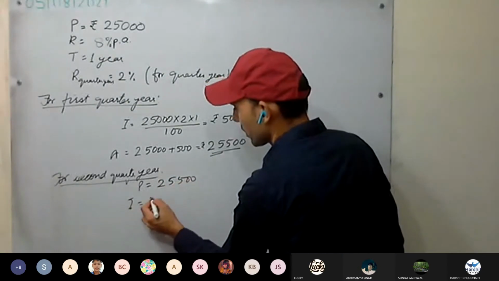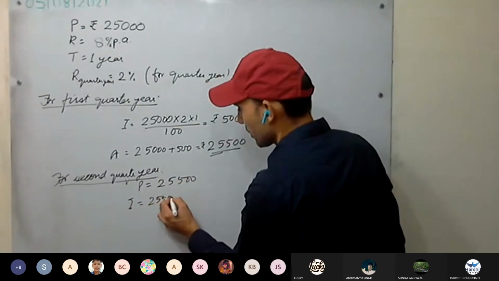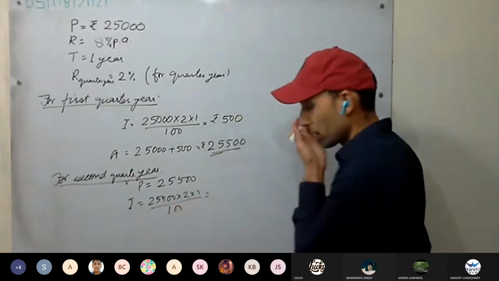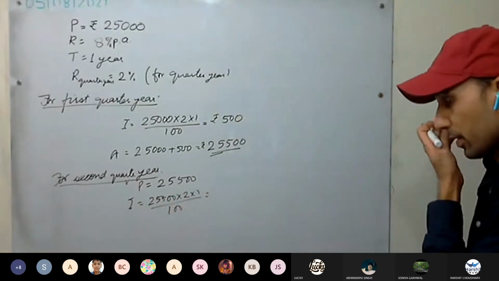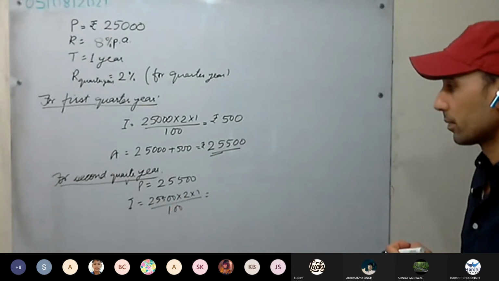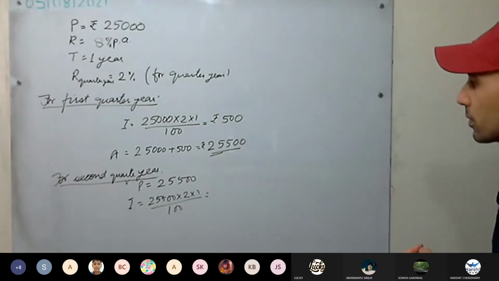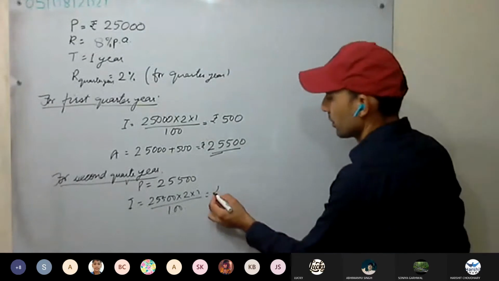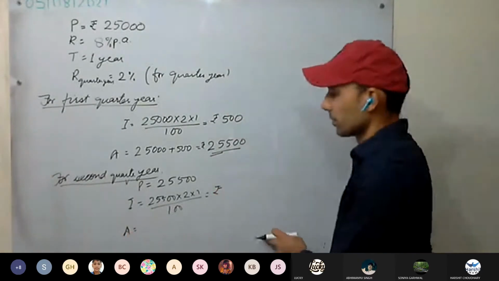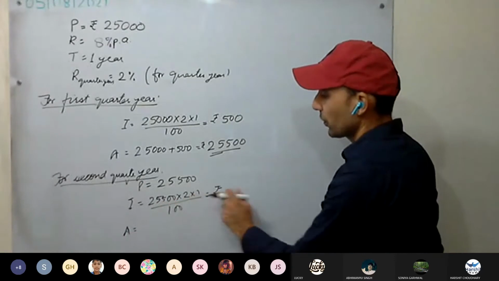Calculate the interest. How much are you getting? Zeros get cancelled. 255 into 2.